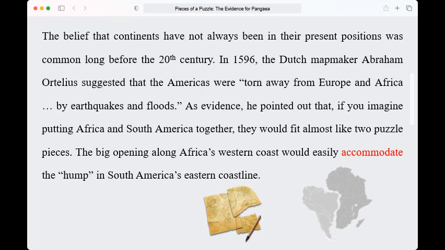The big opening along Africa's western coast would nicely accommodate the hump in South America's eastern coastline. It's not exactly the same, but it nearly matches the eastern coast of South America, the big pointed part called the hump.